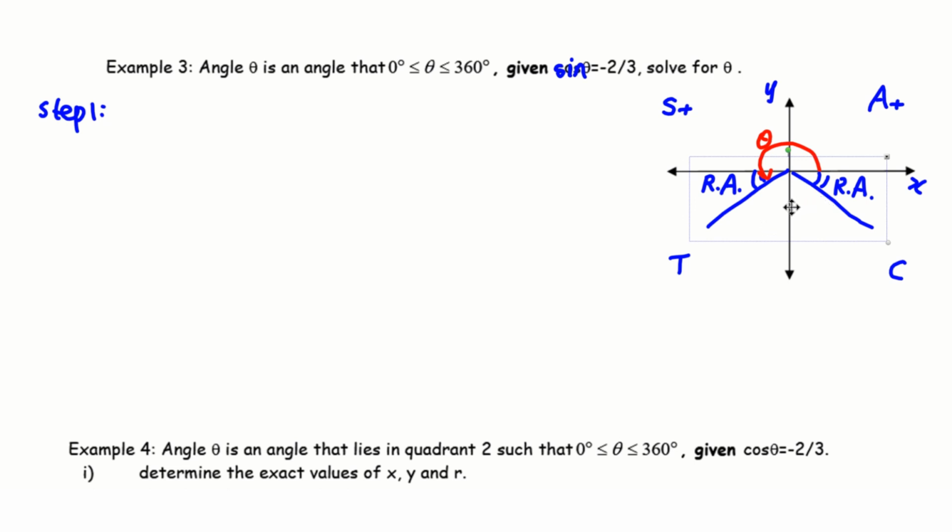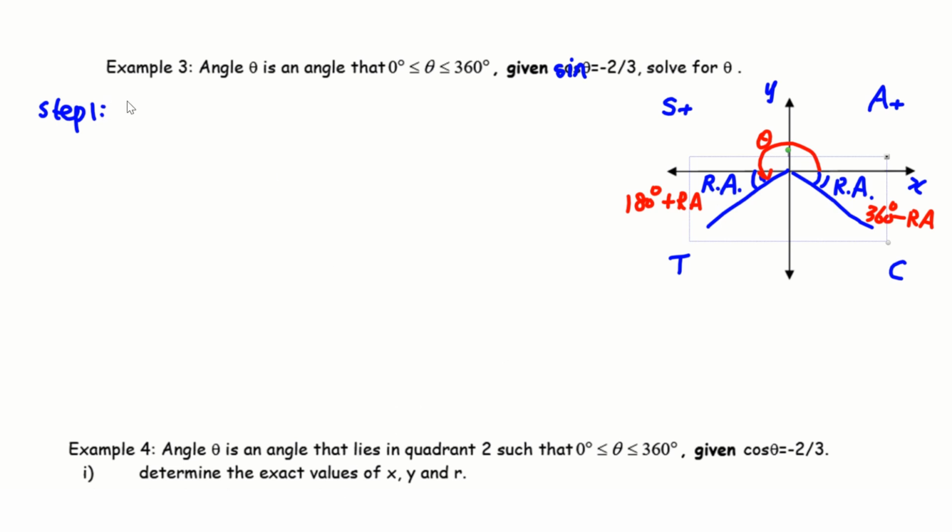So this one will be 180 plus RA for theta, and this one will be 360 take away RA. So our task will be to look for the RA.